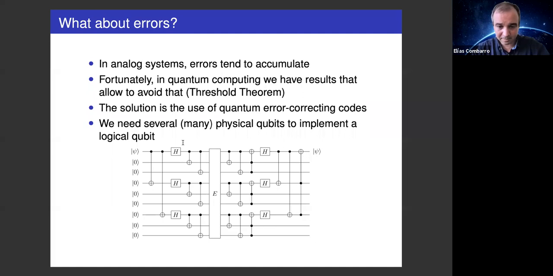But fortunately, there are what we call quantum error correcting codes that allow us to prevent this corruption of the information when we have certain conditions about the possible errors that can occur in our quantum computer.